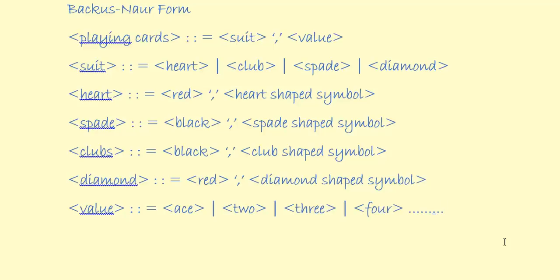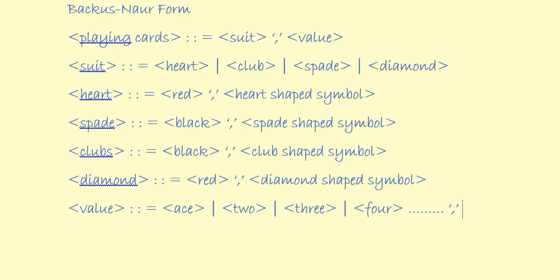Of course, we could add in jokers here if we wanted. Many packs of cards have jokers. So that could be an optional item. Now, if it's an optional item, what we do with that is put in our and symbol. Just put in the comma there rather than the full stop.